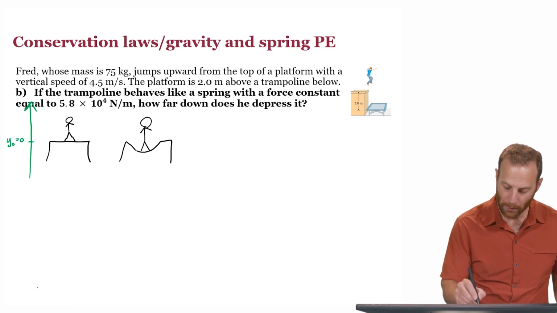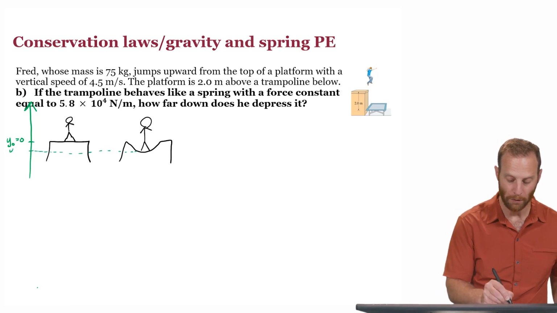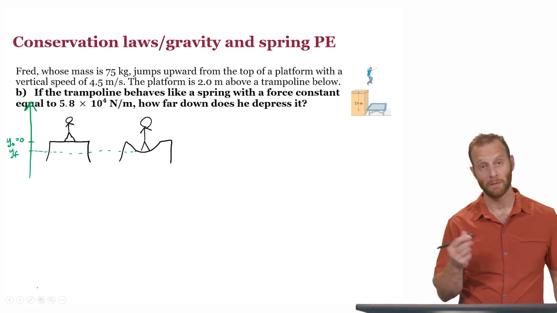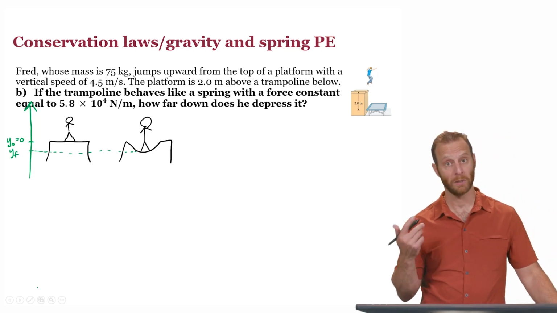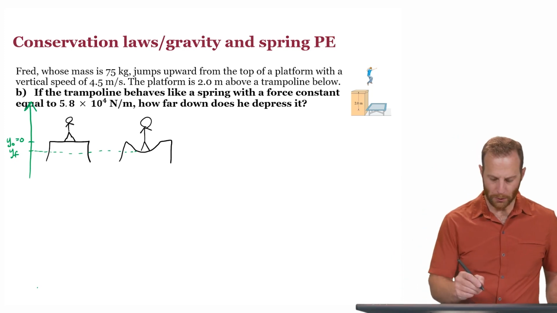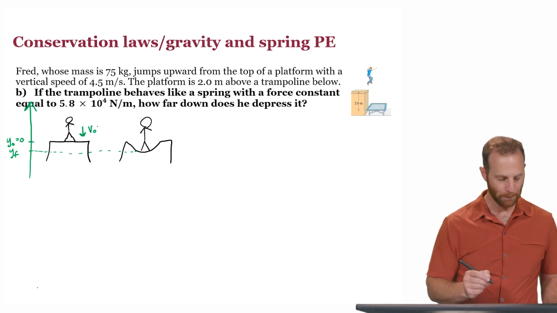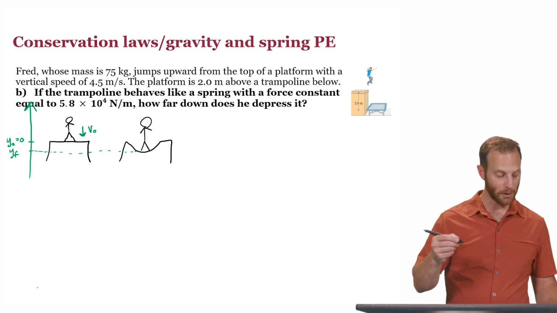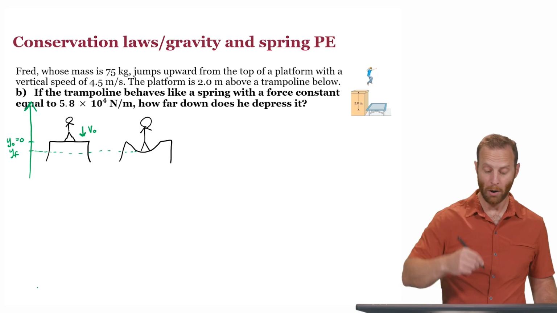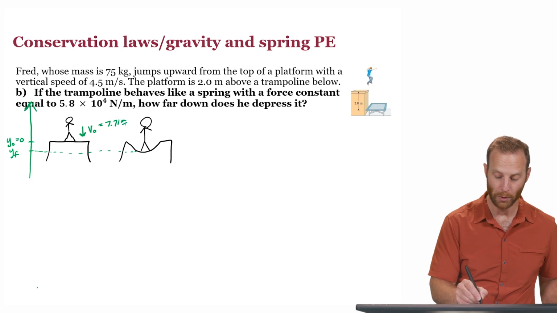Where does he end up? Well, we don't know the value of that, but that's what we're going to call the final value. And in fact, if we can figure out what that number is, that will tell us the answer to the question. What else do we know? We know that Fred is coming down with some initial velocity, the initial velocity that we figured out from part A. So this initial velocity is 7.71 meters per second.